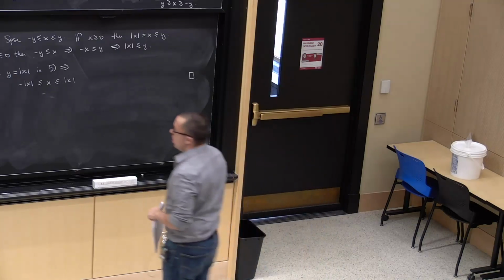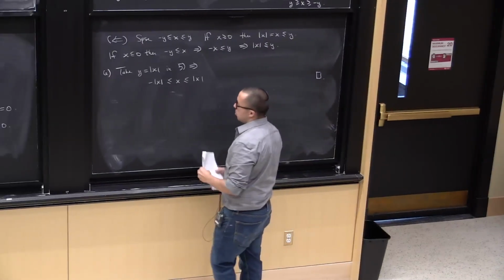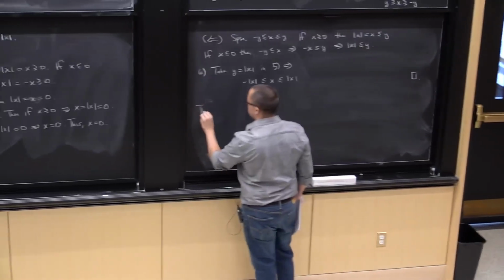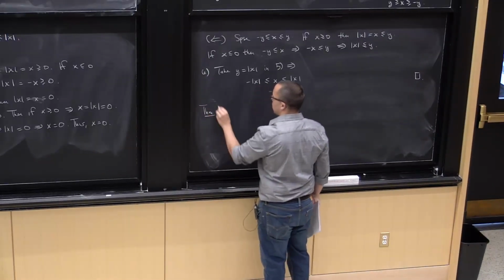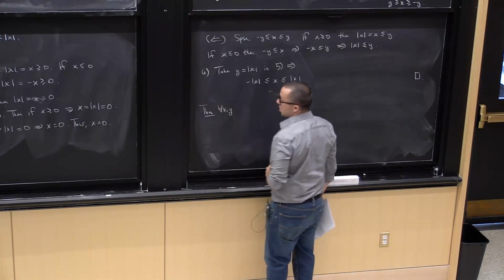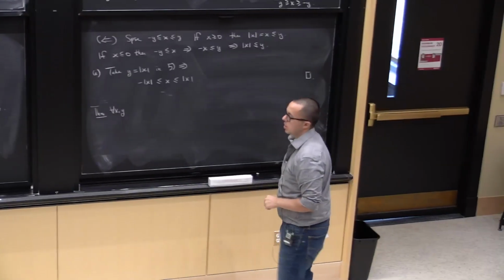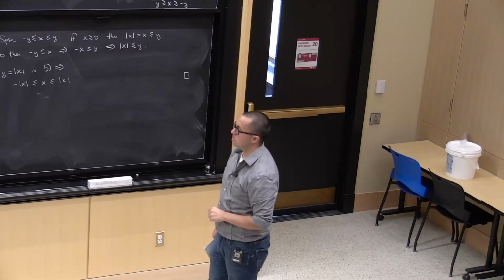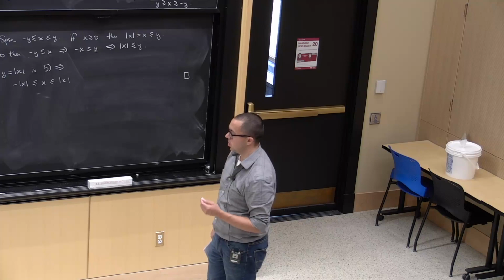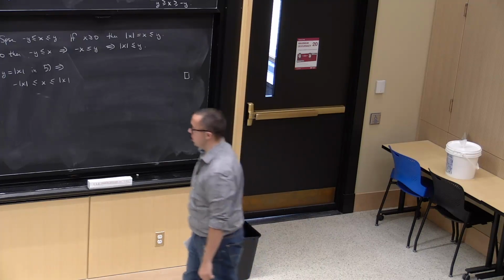Okay? Now, I'm going to prove one last theorem. So this one is actually very important about the absolute value. This inequality is one of the most important tools in all of analysis, and you get to see it right here in your first analysis class.